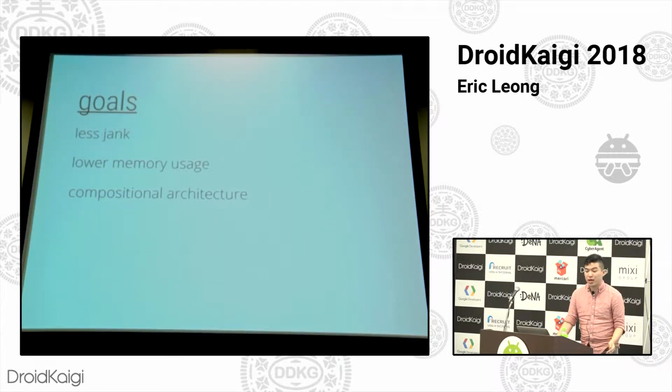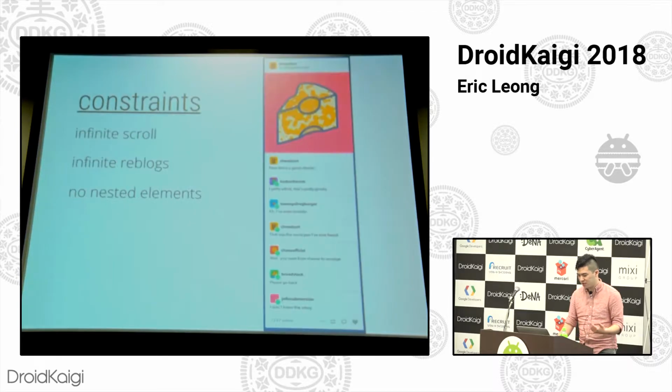We had a lot of OOMs in the past before we wrote Graywater, because these posts are really tall, which means they use up a lot of memory if the entire thing is kept in memory at once. Especially since there are infinite reblogs, you can imagine having 100 views on a single post, and maybe they could all be kept in memory.